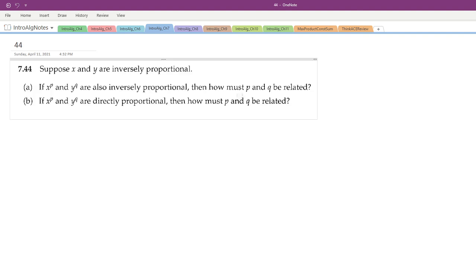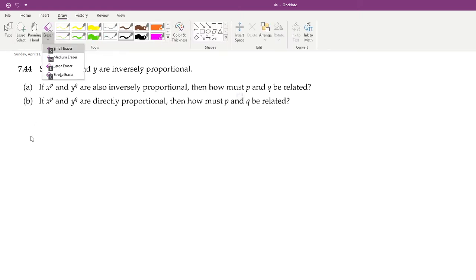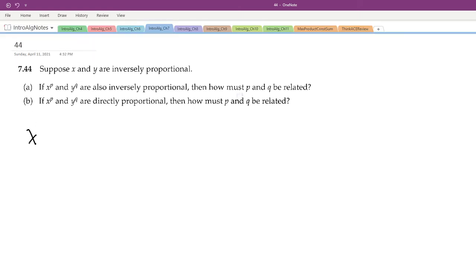44. So suppose x and y are inversely proportional. Inverse proportion means a constant, meaning x times y equals a constant. Okay, so let's solve question A. xp and yq are also inversely proportional.